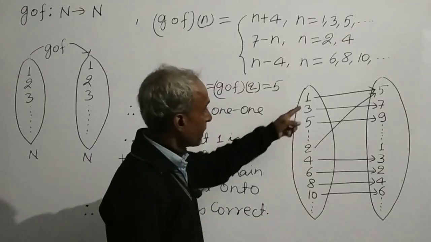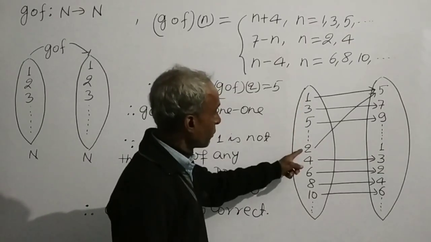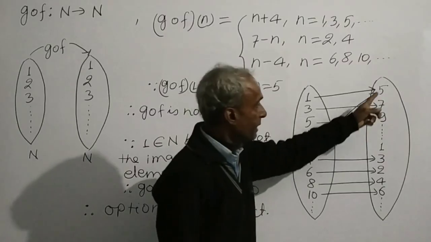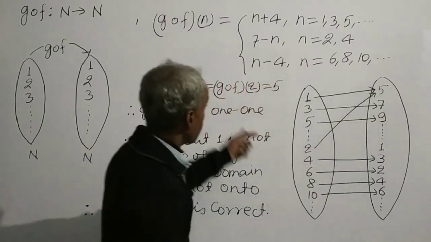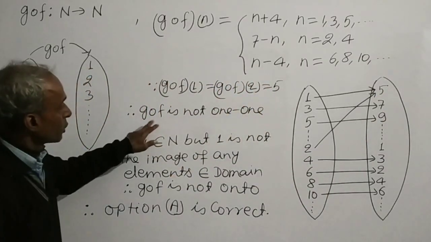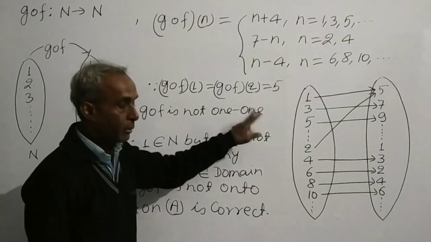We see that the images of 1 and 2 are both the same number, 5. Therefore, gof is not 1-1.